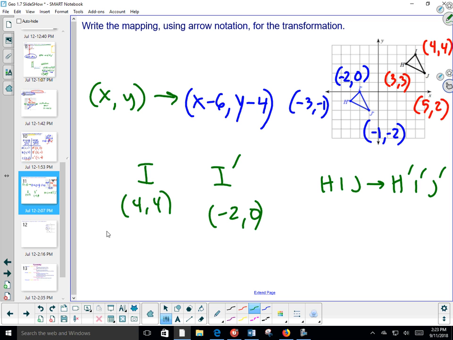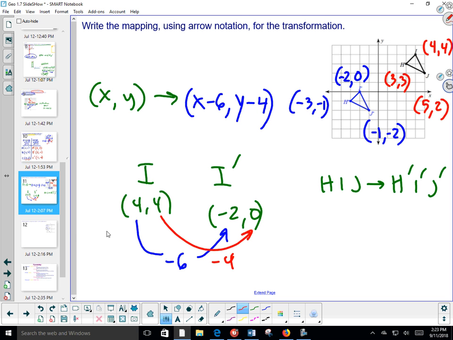Then I subtracted 4 minus -2. So in other words, to get from 4 to -2, you've got to subtract 6. And to get from 4 to 0, we've got to do what? Subtract 4. So that's why X gets subtracted by 6 and Y gets subtracted by 4.